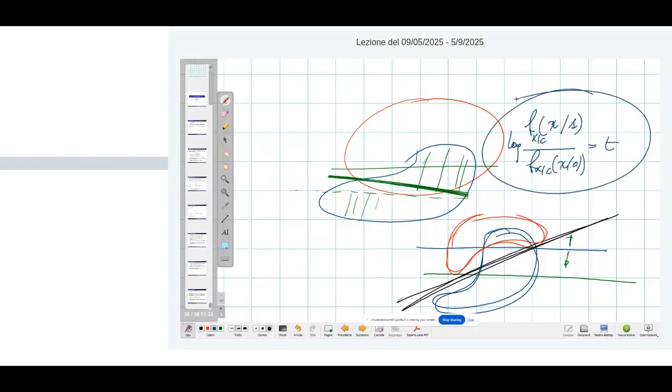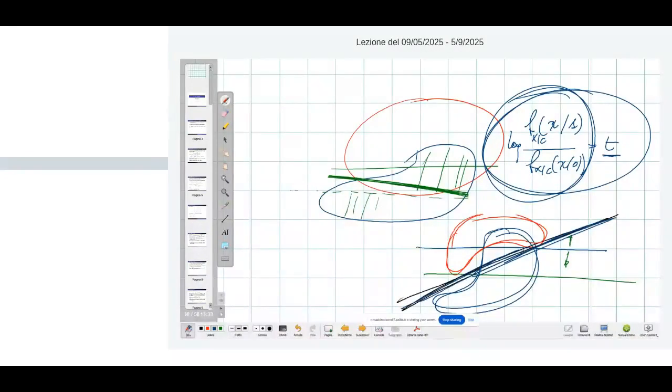This is the separation boundary for our generative model. If I change the threshold, if this expression is not linear but is very complex, it will correspond to shapes that are not hyperplanes but may be complex, and the shape itself of the separation rule may change as I change the threshold t.